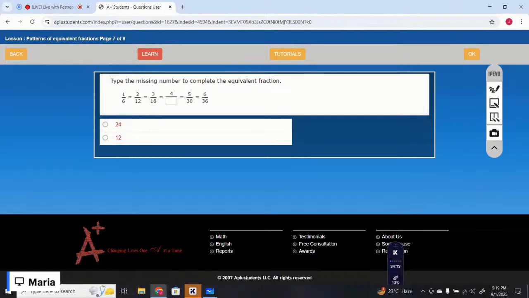Type the missing number to complete the equivalent fraction. Option number 1 and 24 it is.